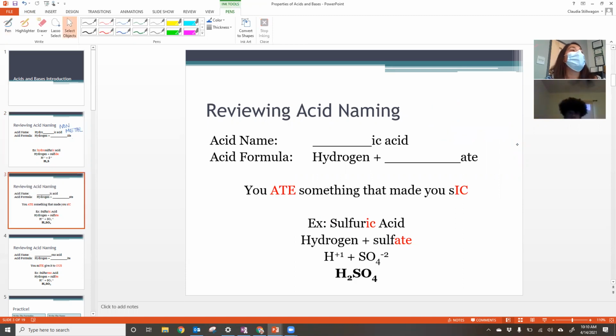Then we had just the plain ic acids, so hydrochloric versus chloric. When it is just an ic acid, that is from your ATE polyatomics.